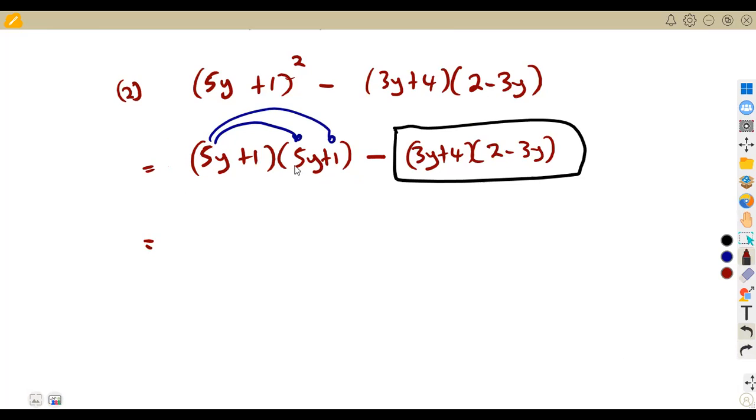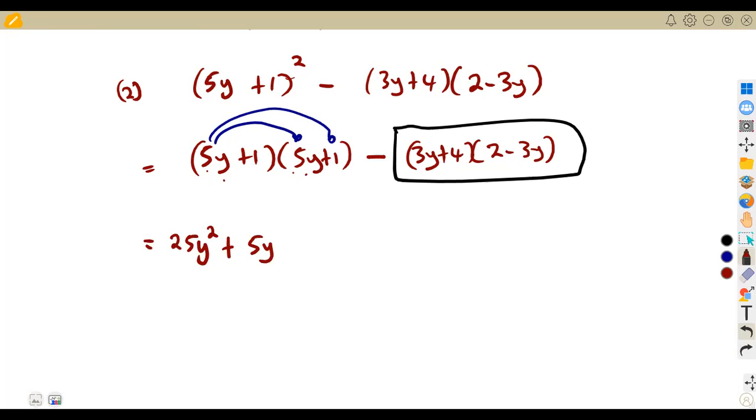That means we're going to have 5y and 5y, which is 25, 5 times 5. That is 25y times y here, which is going to give us y squared. Then we move on to 5y is going to multiply 1. So that's 5y times 1, which is going to give us positive 5y. So we are done with this part of 5y multiplying each term in the second bracket.